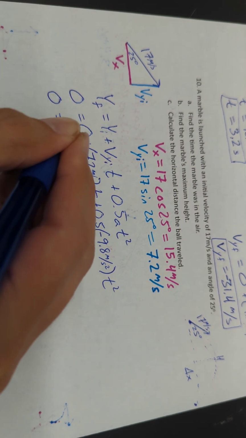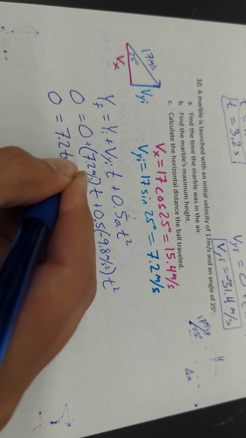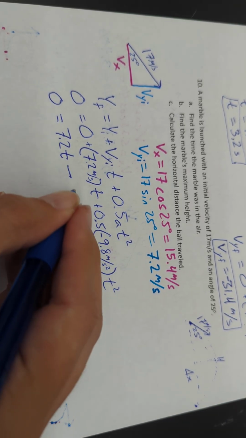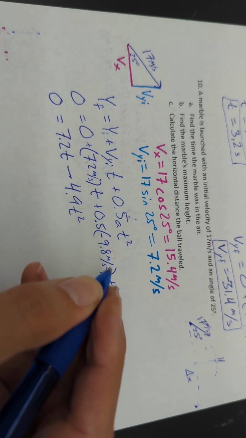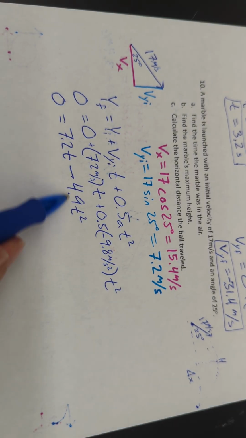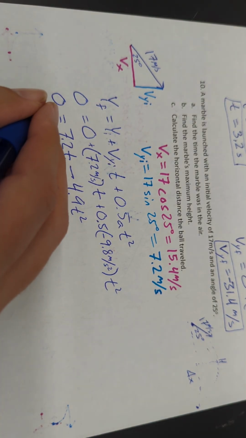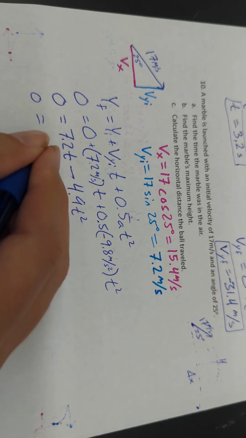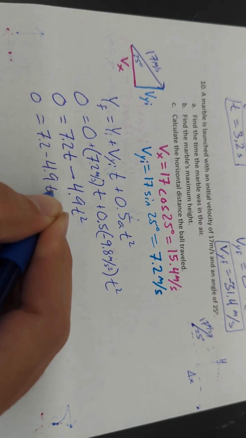So simplify this a little bit. 0 equals 7.2 t minus 0.5 times 9.8, which is minus 4.9 t squared. We can divide both sides by t. 0 divided by t is also 0. So we just say 0 equals 7.2 minus 4.9 t.